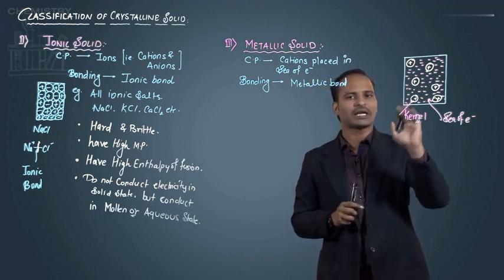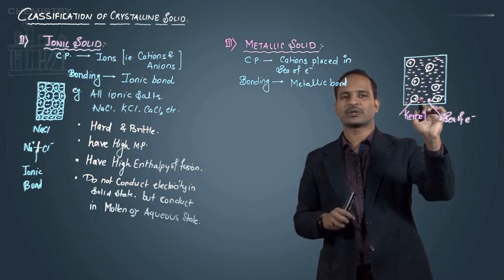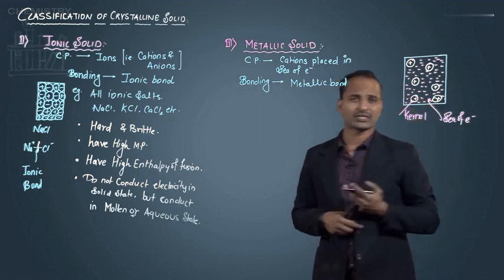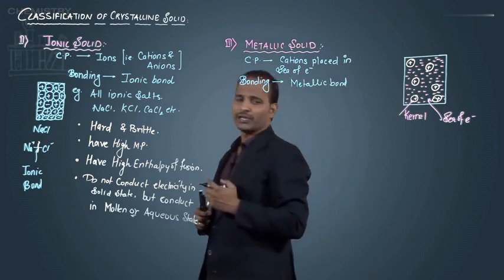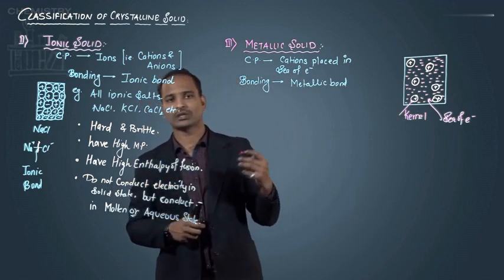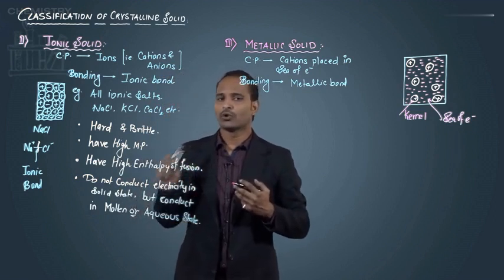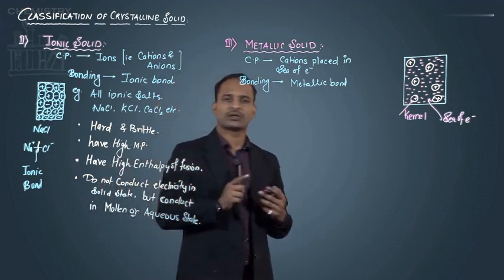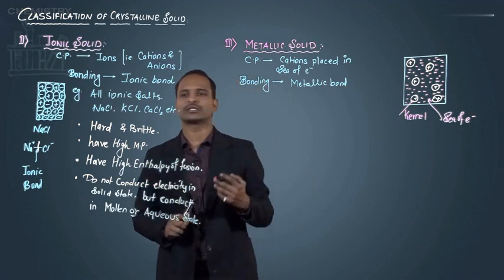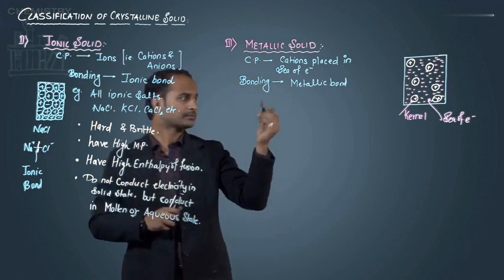After applying energy, these electrons become free, and hence they start conducting electricity. Since there is free movement of electrons, metallic solids are good conductors of electricity. Covalent, ionic and molecular solids are bad conductors of electricity in the solid state, but the metallic solid is the one which conducts electricity.